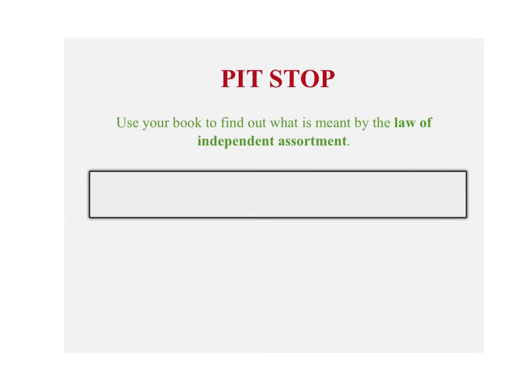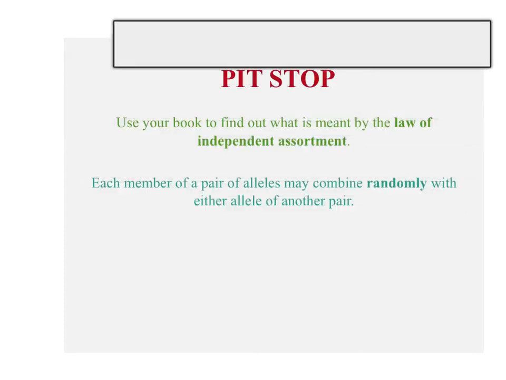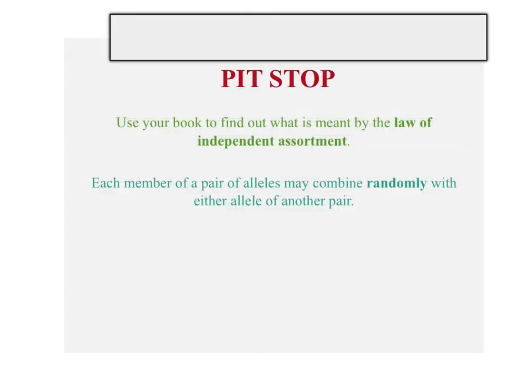So when we're thinking about independent assortment, in terms of definition, it is where each member of a pair of alleles combines randomly with an allele from another pair. So in terms of independent assortment, we're talking about a cell with a couple of chromosomes undergoing meiosis.